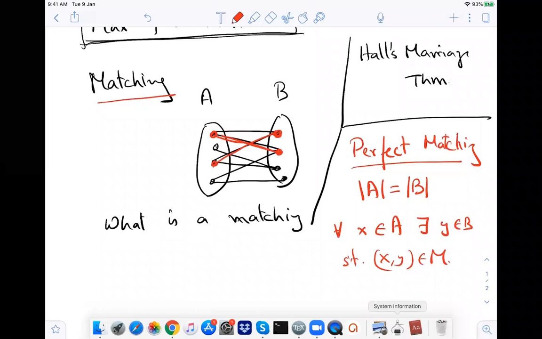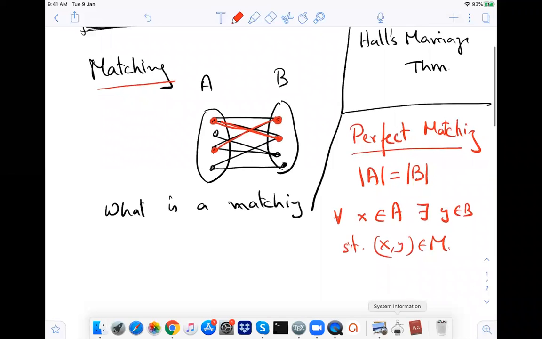You cannot have in the matching two edges sharing a vertex. It is called matching because you have to produce a match between the set A and set B, so you want to do a one-to-one mapping between the set A and set B.